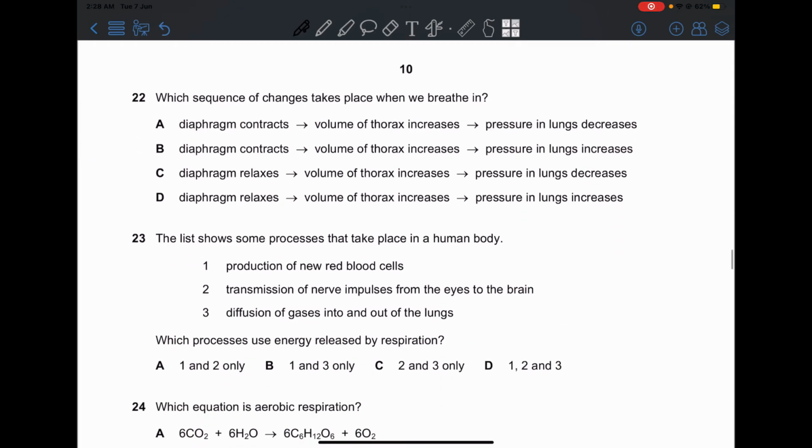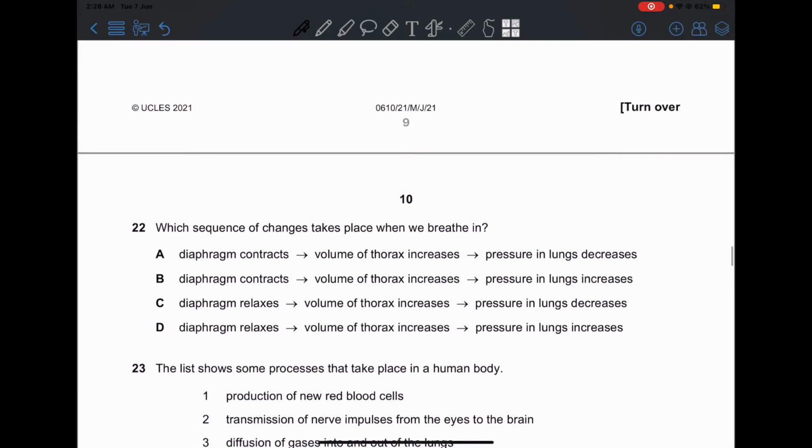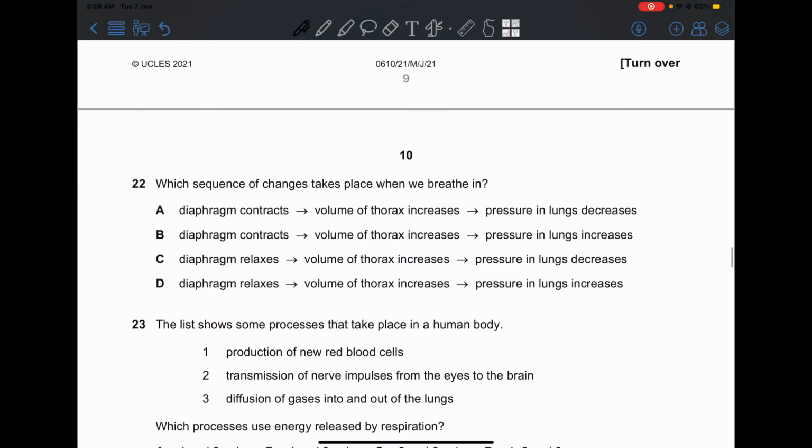So the next question says, which sequence of changes takes place when we breathe in? Now, when we breathe in, the diaphragm actually contracts. So that is just going to be our beginning. We know that we're going to be choosing between A and B. Now, the volume of the thorax increases and the pressure in the lungs decreases.